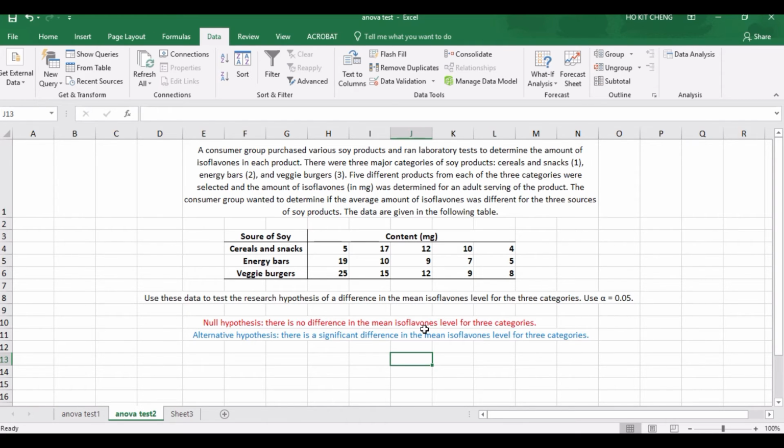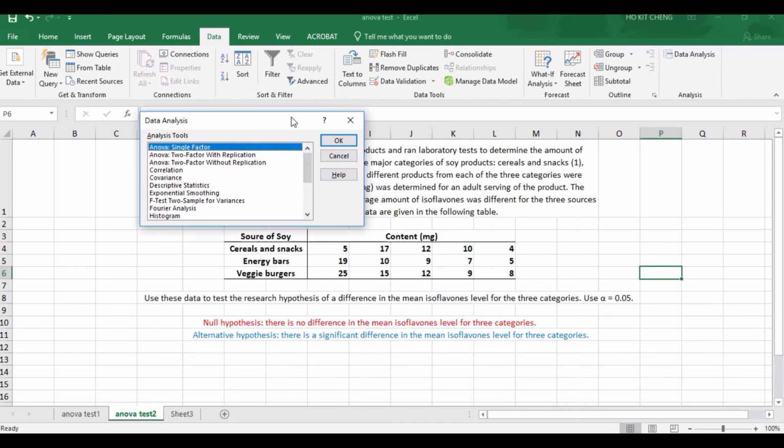First of all, we get three sets of data, and now we need to classify whether those data are represented by column or row. So now we know that it is represented by rows. So when we do the data analysis, we need to be careful to choose columns or rows.